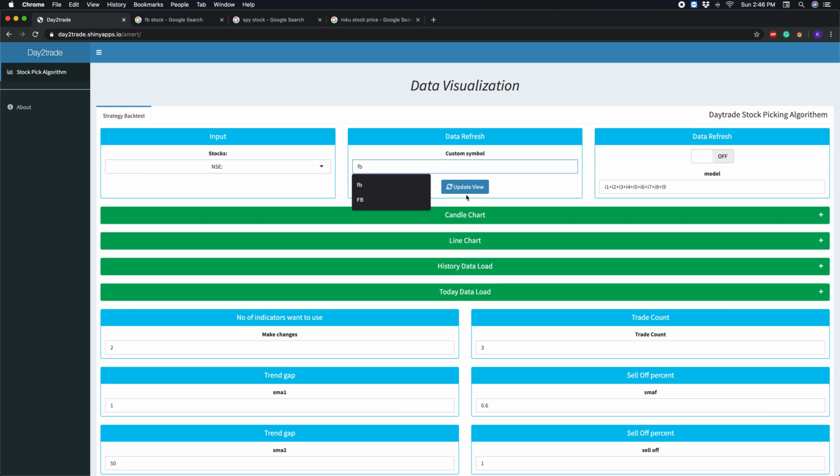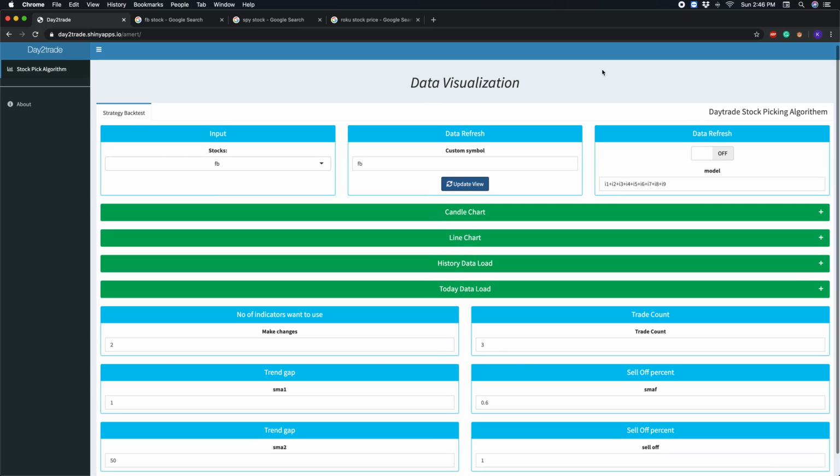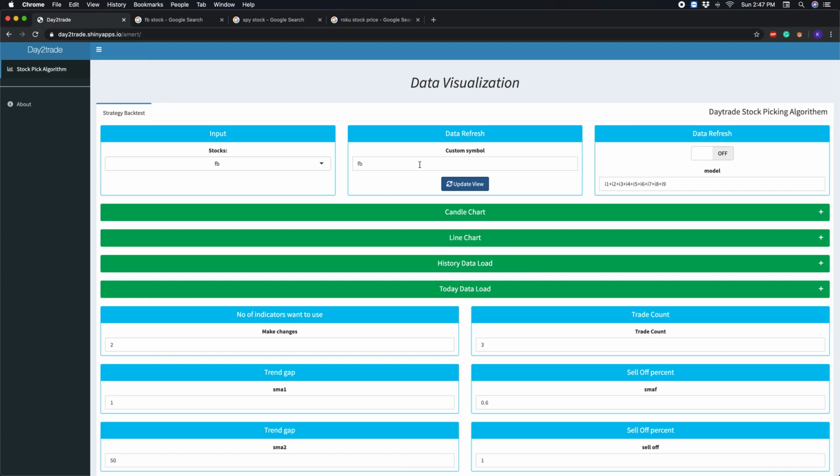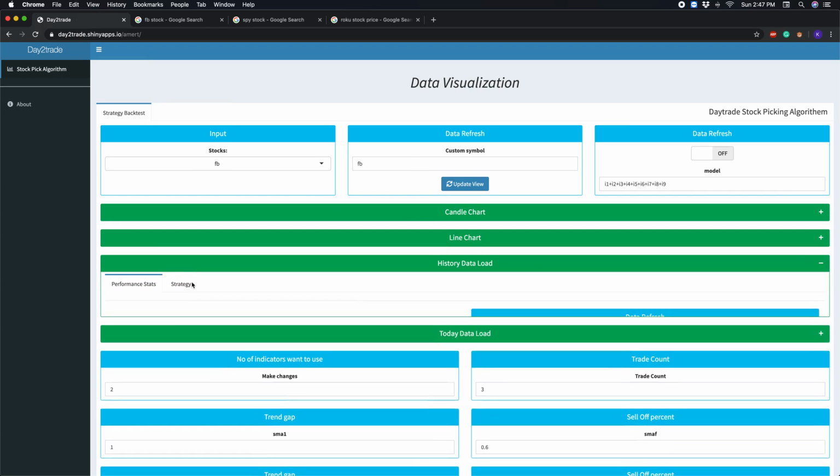So FB. Currently today's date, the time is 2:46 p.m. Sunday Eastern time. Last Friday FB closed at 179.24. If I just go for FB and I'm loading historical data here.